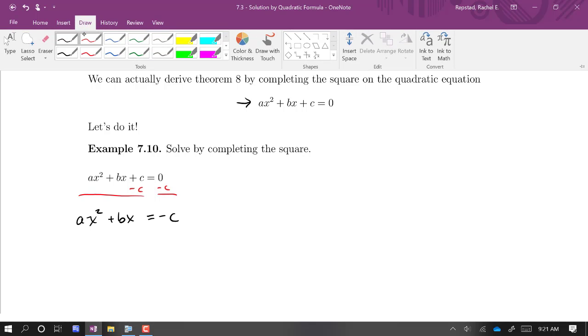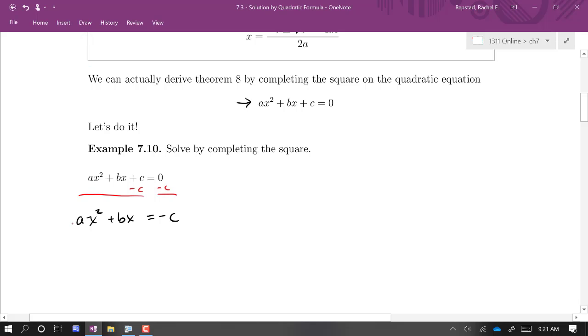So I'm going to divide both sides by a, which is the same as dividing all terms by a. So now we have x squared plus b over a times x. I want to really see that as the coefficient on x rather than write it as bx over a. And then I'm leaving space for the magic there, and I've got negative c over a on the other side.